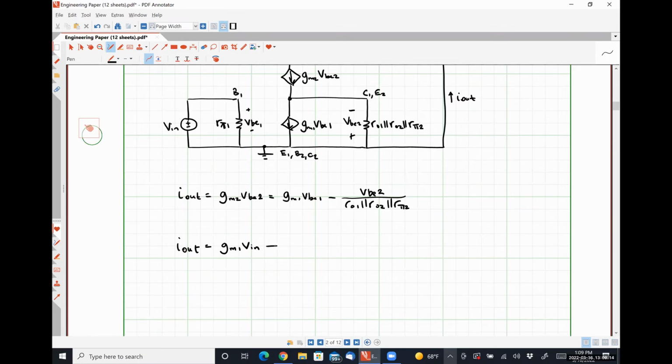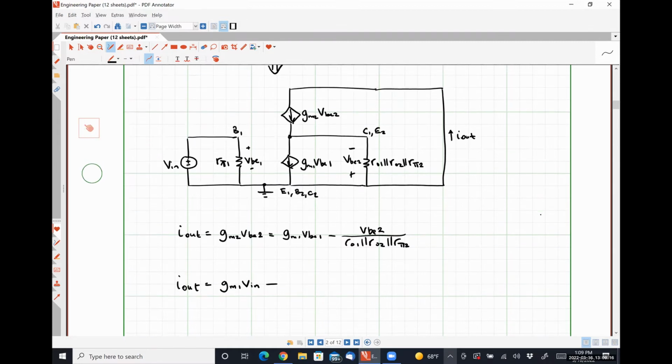Right? So if this current I out is GM2 times VBE2, simple algebraic manipulation tells us that VBE2 is just I out over GM2. So that's going to give us an I out up here in the numerator, and then GM2 multiplied by R01 in parallel with R02 in parallel with R pi 2.